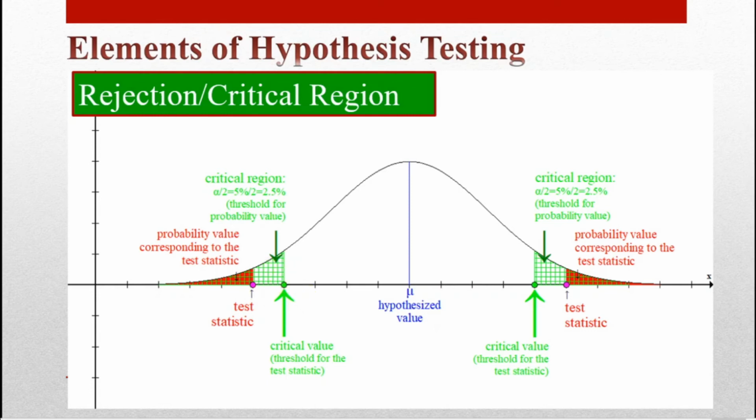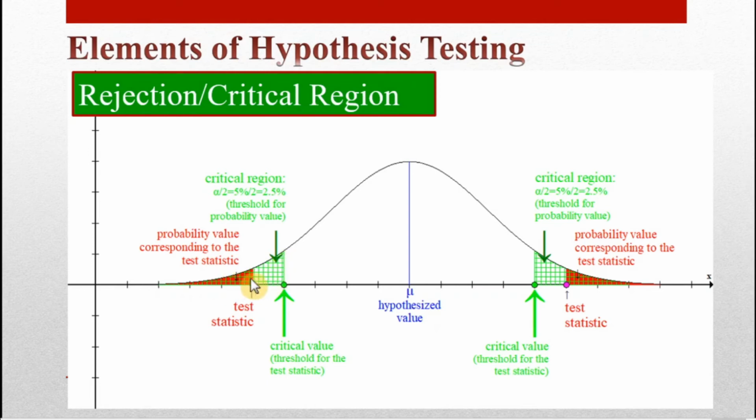Maybe we can understand this further if I present to you what probability values really mean. Anyway, for this green area here, statisticians and researchers have set this as 5%. So if your critical region is found at both ends of our distribution, they divide 5% into 2, so that the area of the green region here is always 2.5.